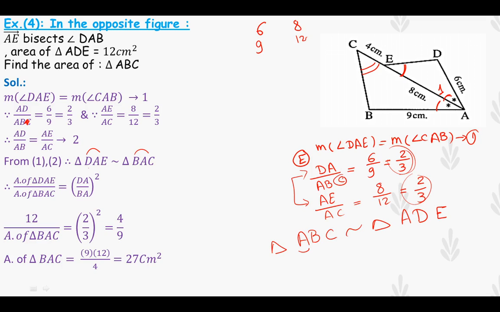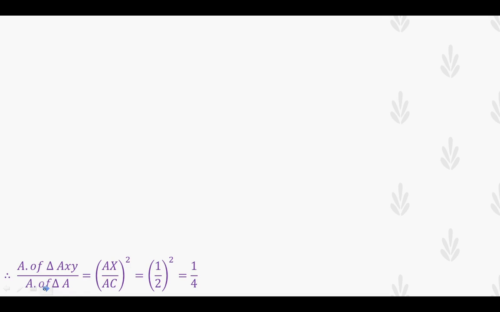Okay, you can see in this example that we used the third case of similarity theorem with the area of triangles. Okay, let's go to another example. Example 5.